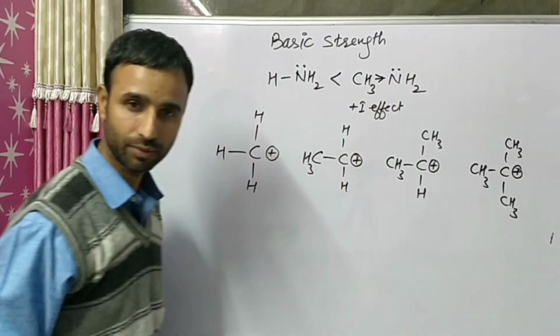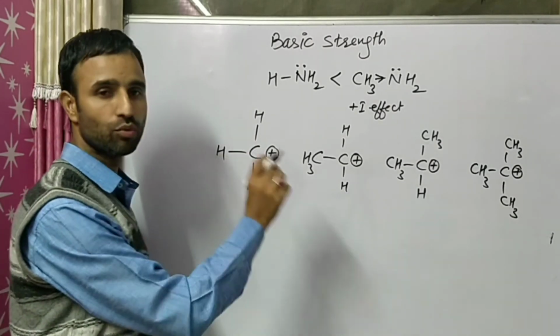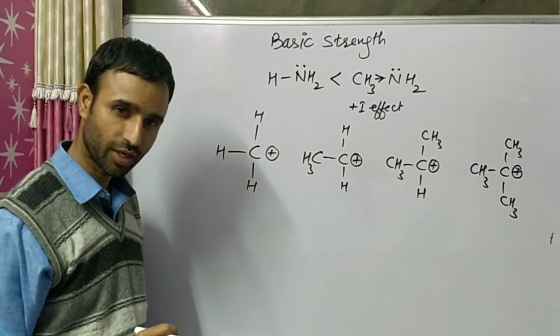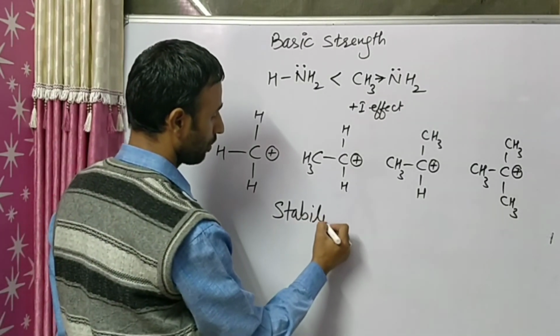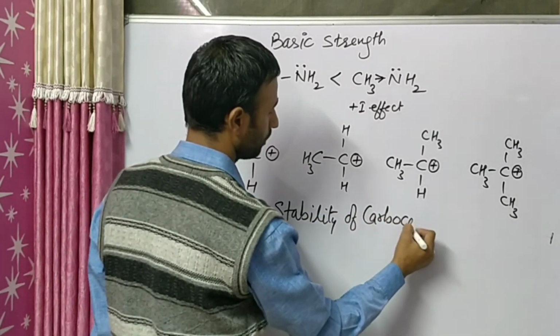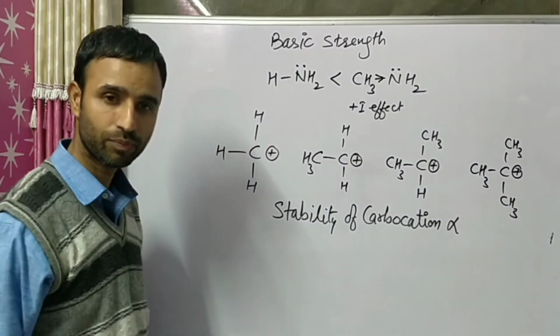Tertiary butyl carbocation. So tell me, which cation is more stable? Tertiary butyl carbocation, because the stability of a carbocation is proportional to plus I effect.